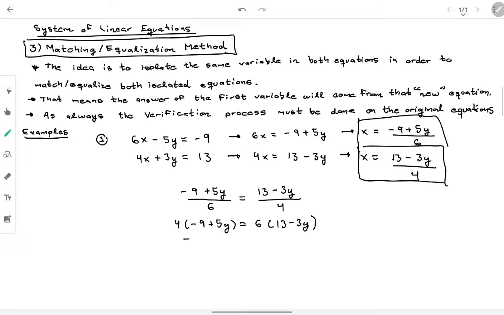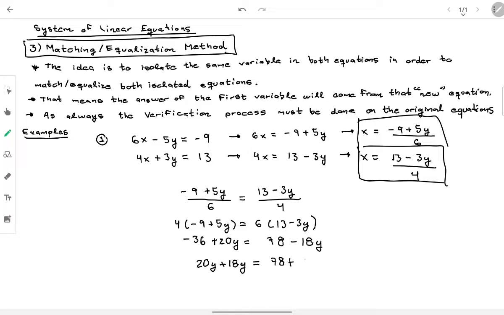It's going to be minus 36 plus 20y equals 78 minus 18y.